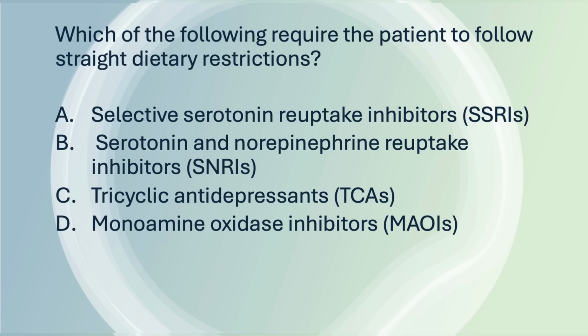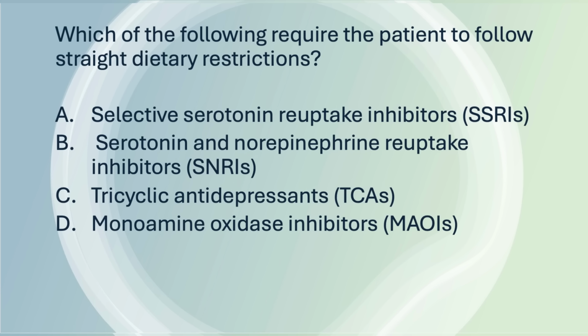And this one we've actually already discussed, so I'm going to read you the question and let you pick out the answer, and we don't even need to explain the rest of them. Which of the following require the patient to follow strict dietary restrictions? A. SSRIs, B. SNRIs, C. TCAs, or D. MAOIs?